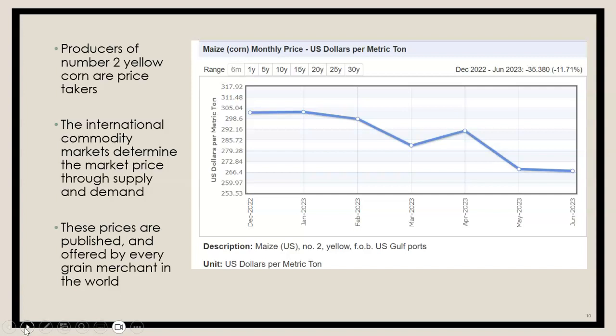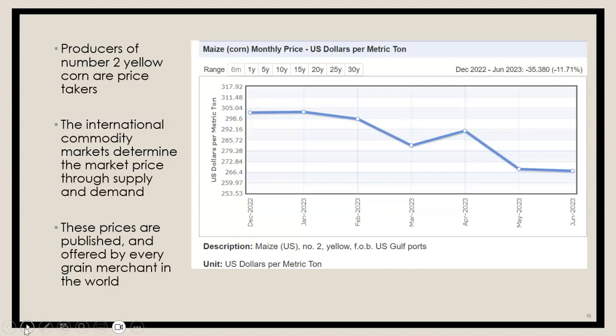The Gulf ports are a big export market of U.S. corn to the world. So the market price at the port before it leaves to go to Europe or Japan or some other country, there's a price set there at the market, in US dollars per metric ton. And that is the market price for number 2 yellow corn.